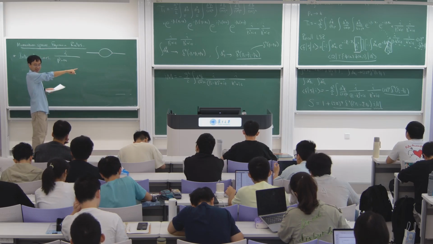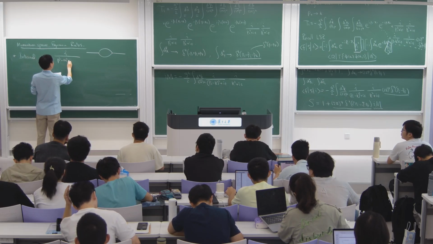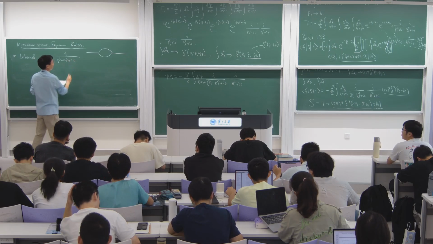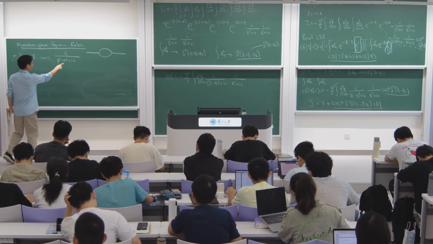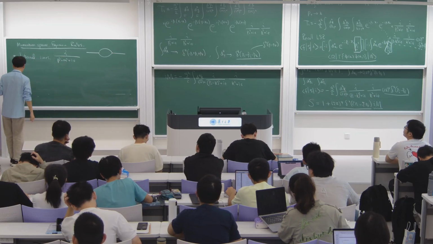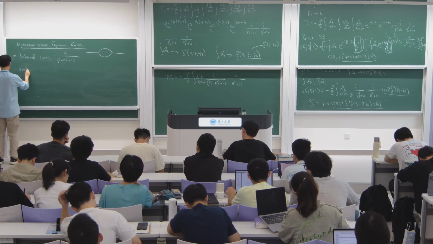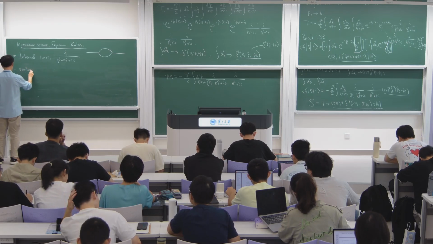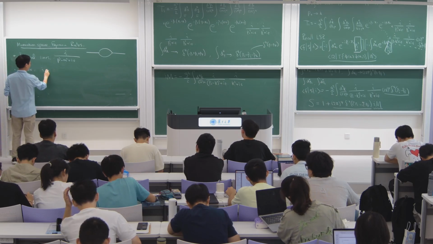Here I throw away the m squared, it's not a big deal. For the massive case, use the massive propagator. And for each vertex, like before, you have to assign i times the coupling.